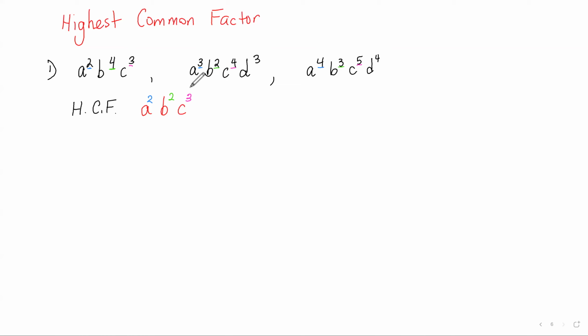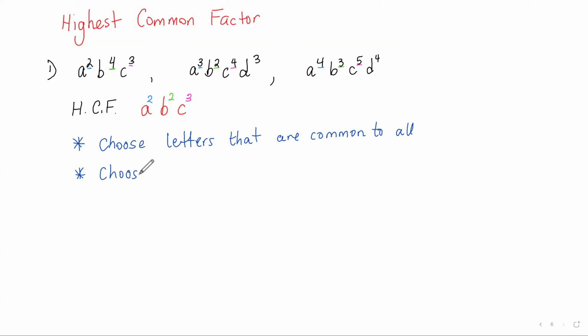So the tips or the tricks would be to, one, choose the letters that are common to all of them, right? Which is why we excluded D. And then also choose the lowest power of each letter.